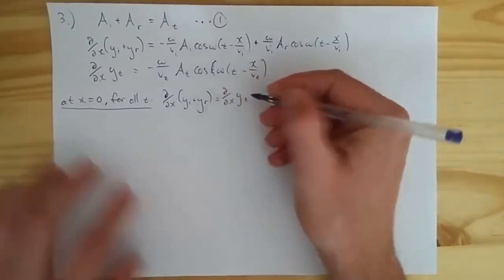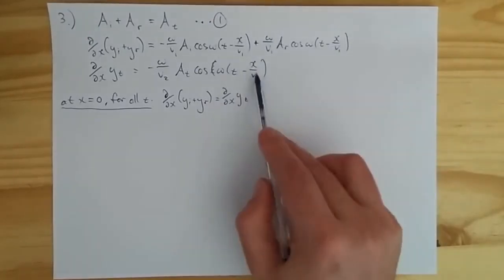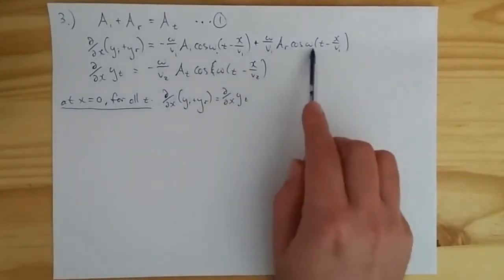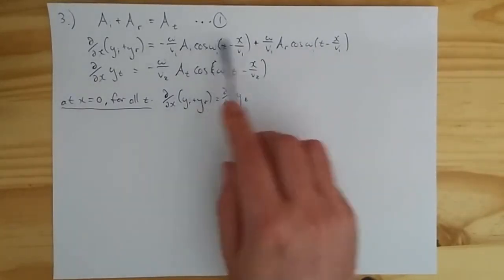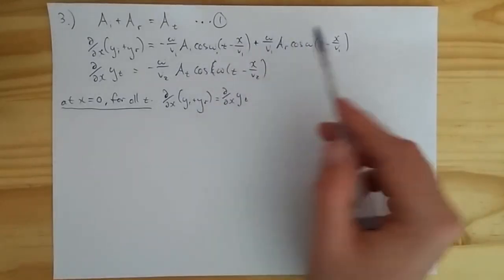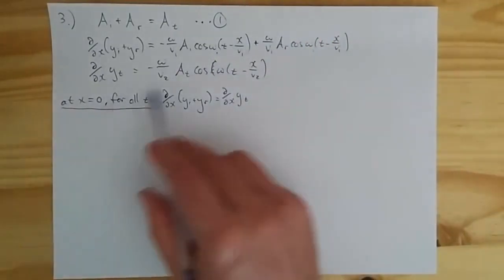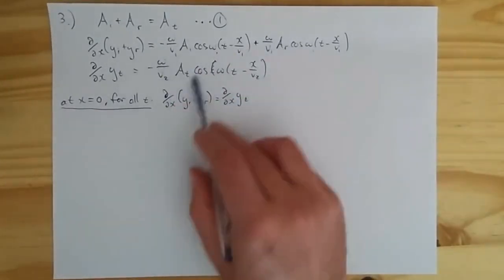And what does this mean? All right, so at x equal to 0, what happens to these terms? Well, that just falls away. And all that I'm left with when at x equal to 0 is a cosine omega t term, a cosine omega t term, and a cosine omega t term. And that has to be equal for all t. So in particular, for when t is 0 and x is 0, we're just left with that term and that term and that term.